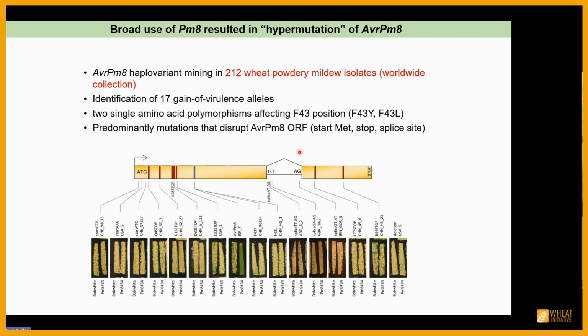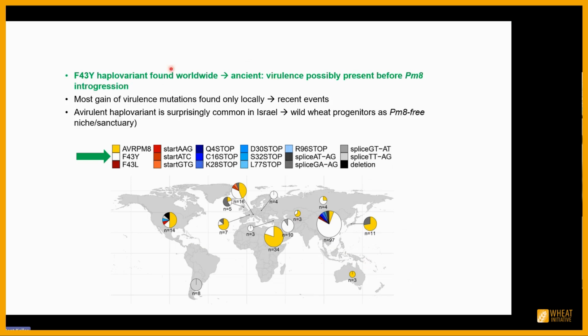And when we now look at that geographically, we found that this one haplovariant, F43Y, is present worldwide. This is this white variant, and you can see that it's present basically in all the populations that we looked at, with the exception of Japan and of Australia.